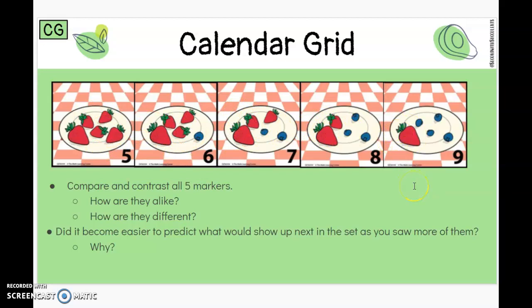That's the same. Another thing you may have noticed is that each plate has 5 pieces of fruit. That's something that's the same. They may be different fruits, but on each plate we have 1, 2, 3, 4, 5 pieces.